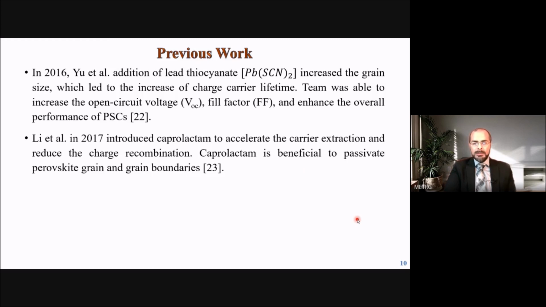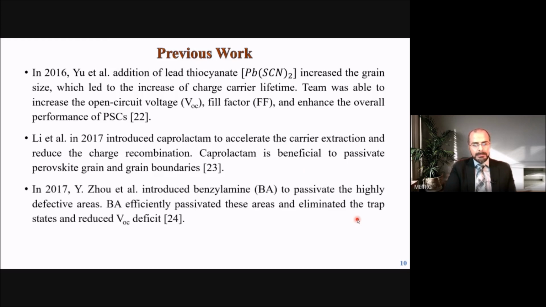Caprolactam is beneficial to passivate the perovskite grain and the grain boundaries. In the same year, Zha and his team introduced BA, benzylamine, to passivate highly defective areas such as grains and grain boundaries. And these areas had their trap states eliminated, and the VOC deficit was reduced.